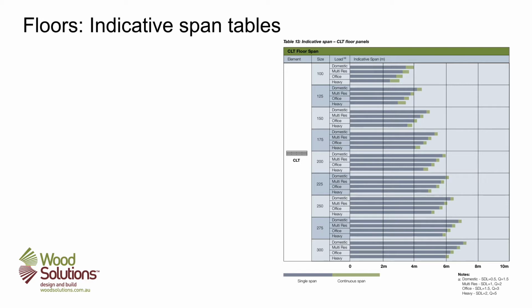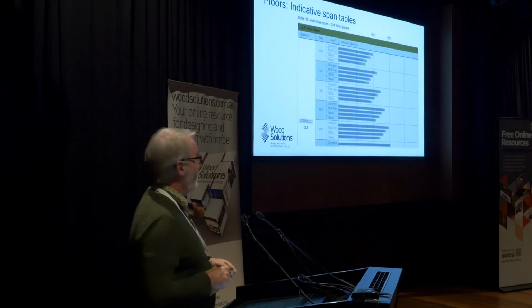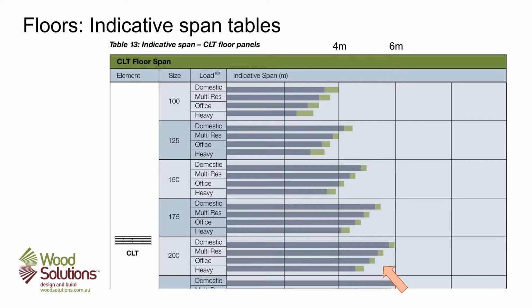We have a series of guidance tables in there for material of particular size, and then in particular application, to give you guidance as to about how far that stuff will span. So if we look at this in a bit more detail, say we're going to have a 200 millimetre CLT panel, or that we want to go somewhere between 4 or 5 metres, or maybe about 5 metres, we've got a multi-res option.